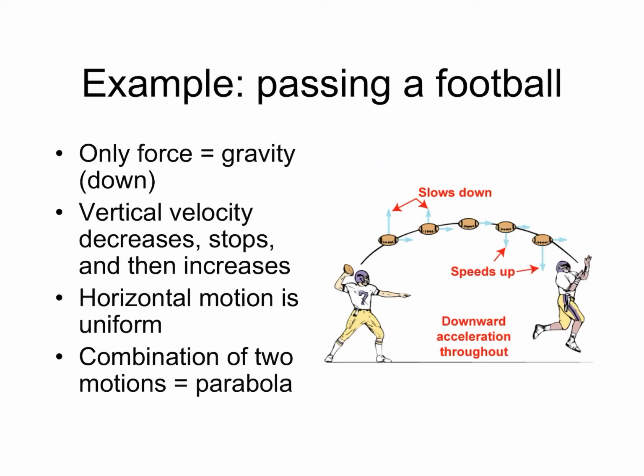I showed you the football. The only force that's acting is gravity, so it's constantly pulling down. I like this image because see how this horizontal vector just stays the same through the entire process. It's uniform, whereas when we throw the football up, the force that we throw the ball up with is more than gravity.